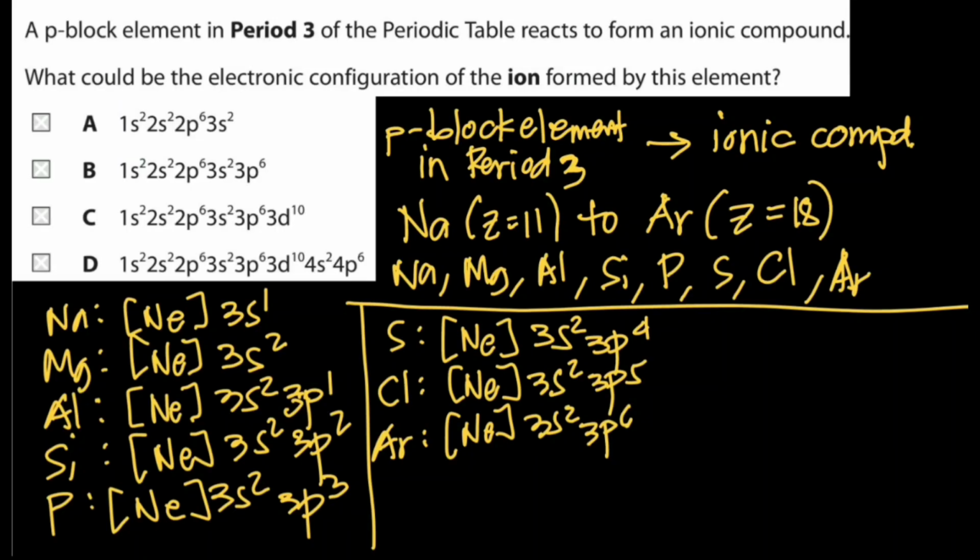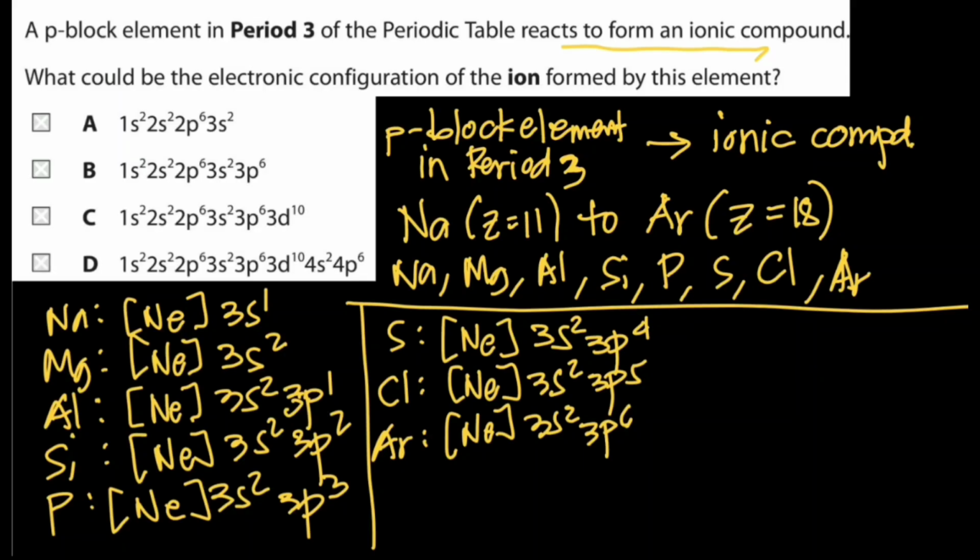Now the question is, which of these elements reacts to form an ionic compound? So what is an ionic compound? An ionic compound is a chemical compound formed when metals transfer electrons to non-metals. This creates oppositely charged ions that are held together by strong electrostatic forces of attraction.